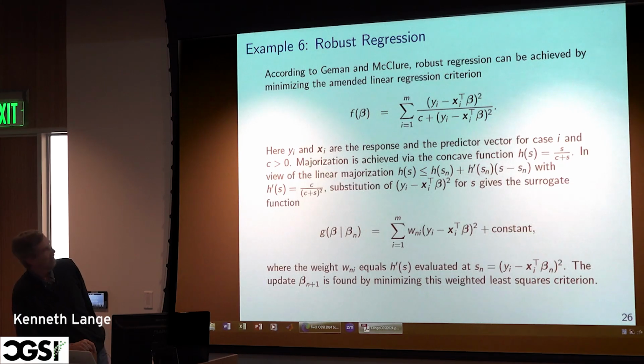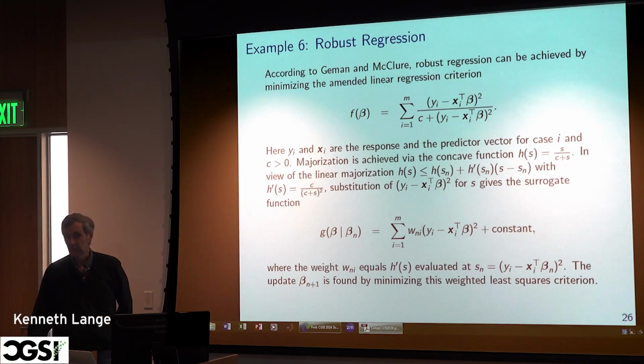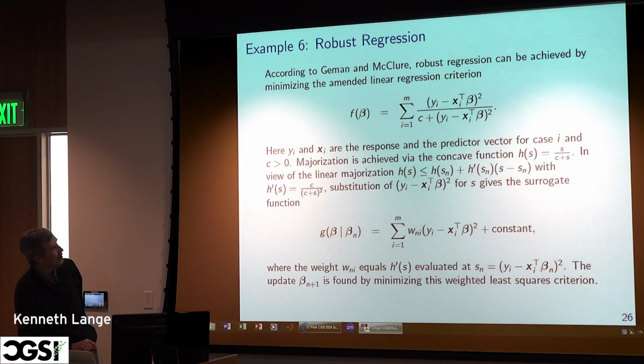So this is a robust regression. So you notice the top equation, the residual squared occurs in the denominator as well as the numerator. So as the residual becomes large, instead of the contribution to the objective growing quadratically, it's cut off.